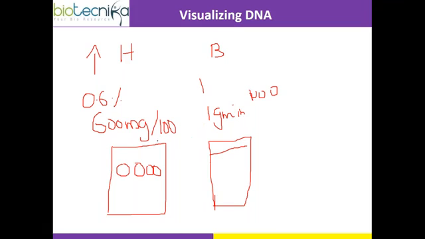Okay, very good. So for human DNA, because the size is very big, if I put it in 1%, it will take a longer time to go through these very close pores and get separated. So that time I will use 0.6%. But bacterial DNA is comparatively smaller. When I put it in 1%, it will easily get separated. Clear?